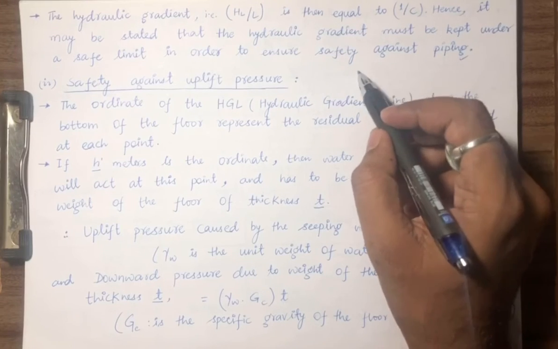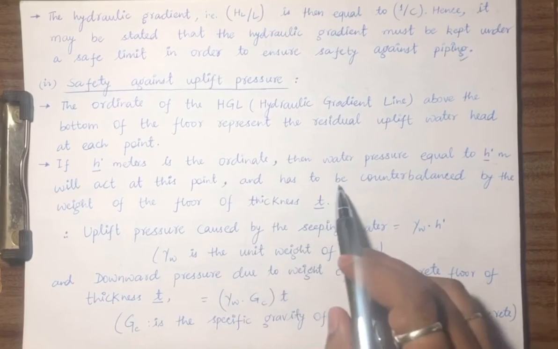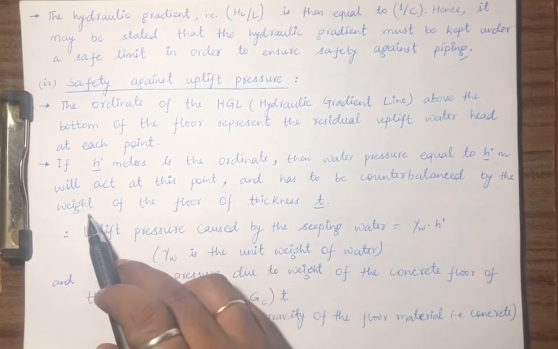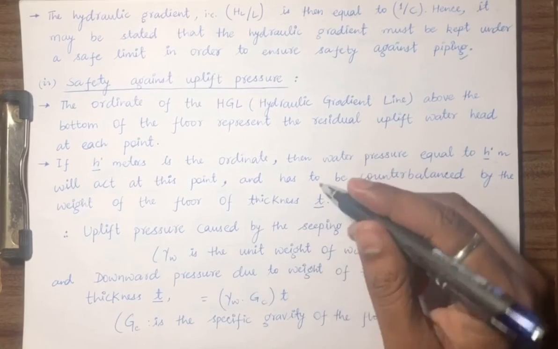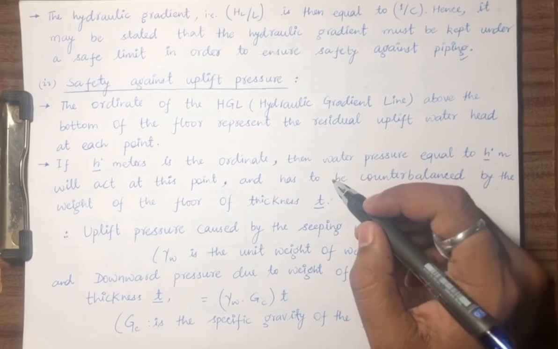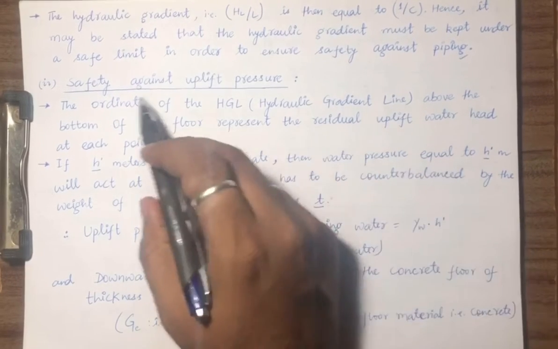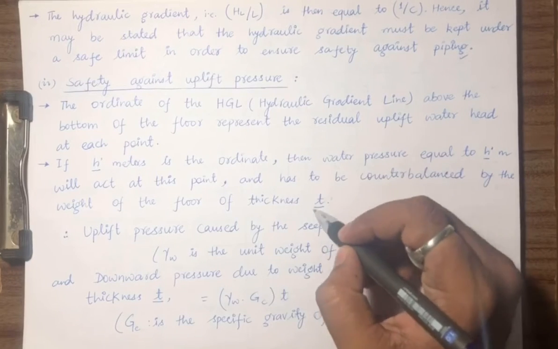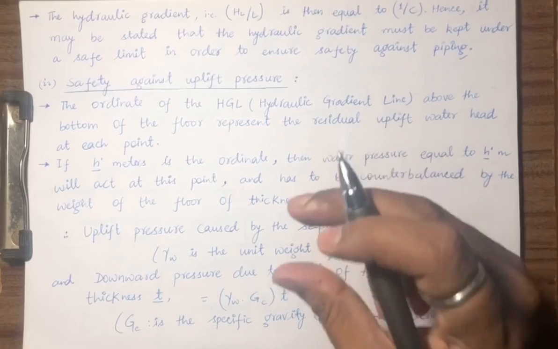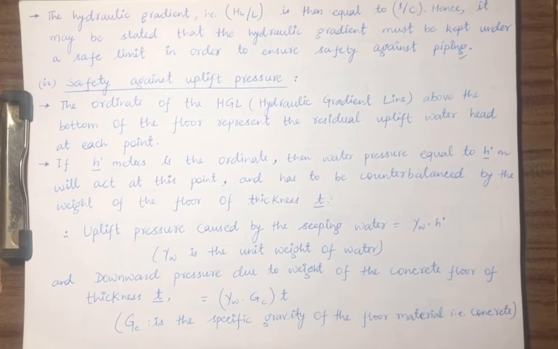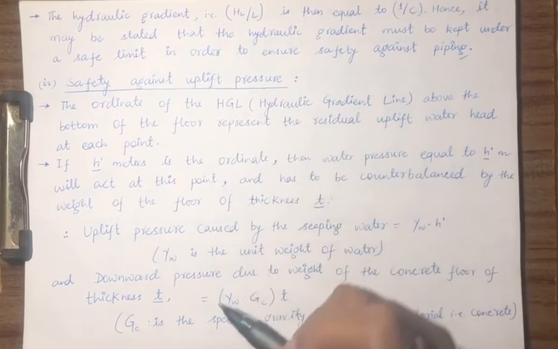So the force is proportional to the head acting at that point and has to be counterbalanced by the weight of the floor of thickness T. So we have to decide the thickness of the floor to ensure safety against uplift pressure. The weight of this floor of thickness T will counterbalance the uplift pressure.